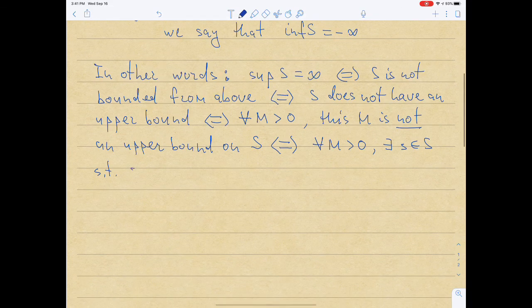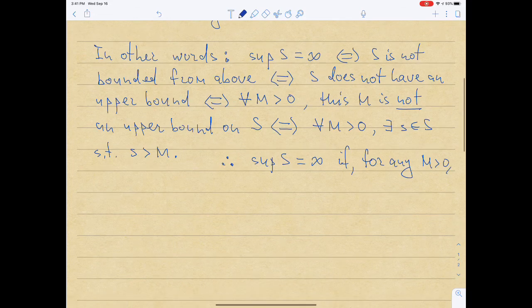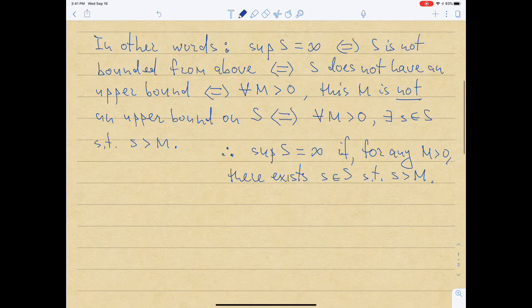such that s is greater than capital M. So, conclusion: the supremum of S is equal to infinity if for any M greater than 0, there exists an s in capital S such that s is greater than M. So we can take that as a definition of a supremum.